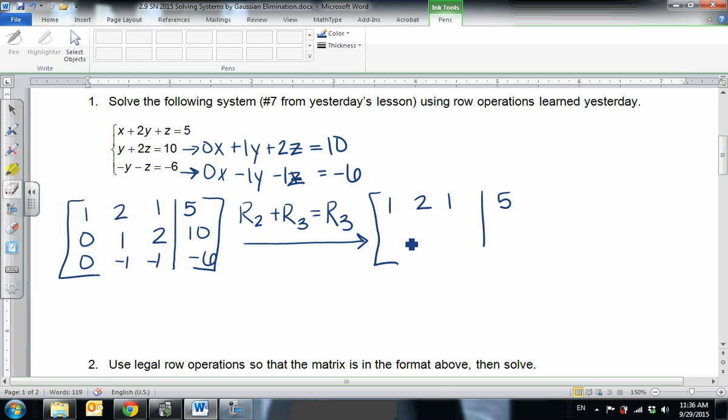Does row 2 change? No. So 0, 1, 2, 10. And row 3 is now going to be the sum of row 2 and row 3. So 0 plus 0 is still 0. 1 plus negative 1 is 0. And 2 plus negative 1 is 1. 10 plus negative 6 is 4.